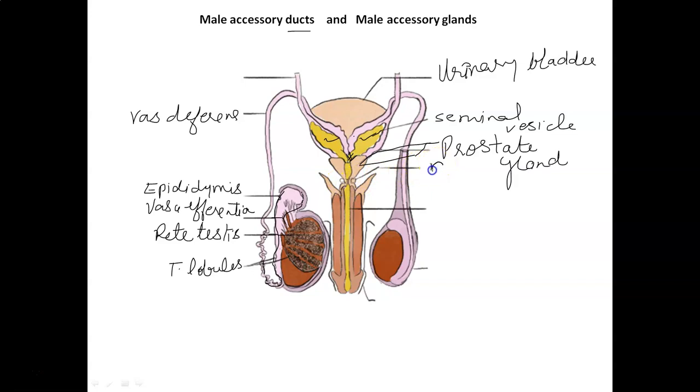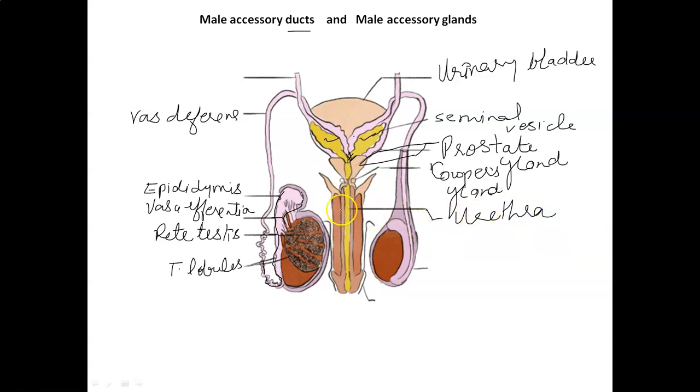This is actually Cowper's gland. So the tube which is coming from Cowper's gland also opens into the duct. See, so many ducts are joining and they will enter into a single duct which is now, we have to label this part, that is urethra.